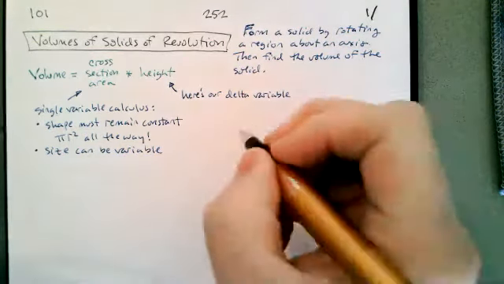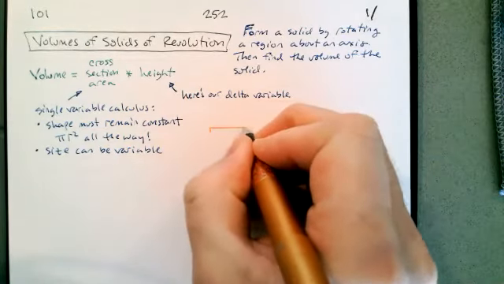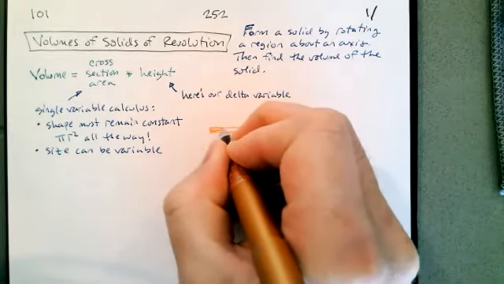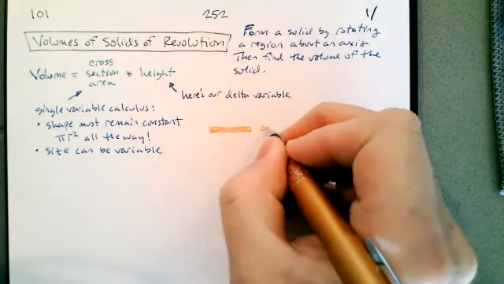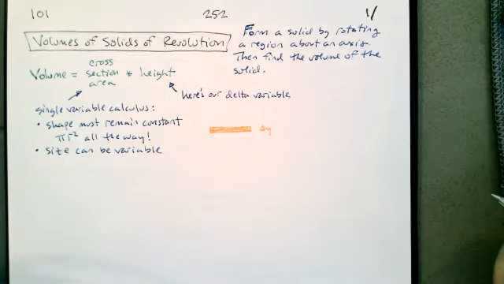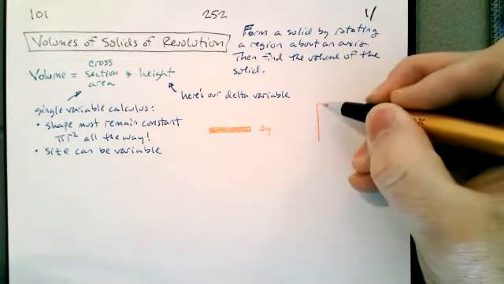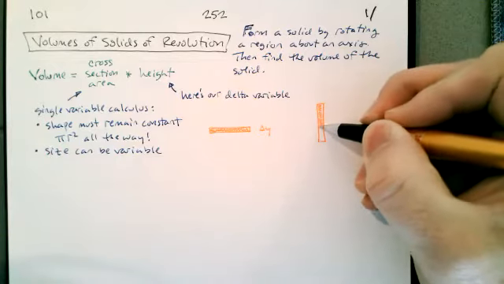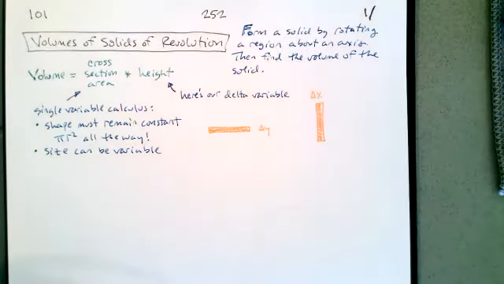So when we look at a slice, if our slice is getting thinner in the x direction, this is a delta y because it's getting thinner in the y direction. And then the one I actually intended to draw, where it's getting thinner in this direction, that's a delta x.